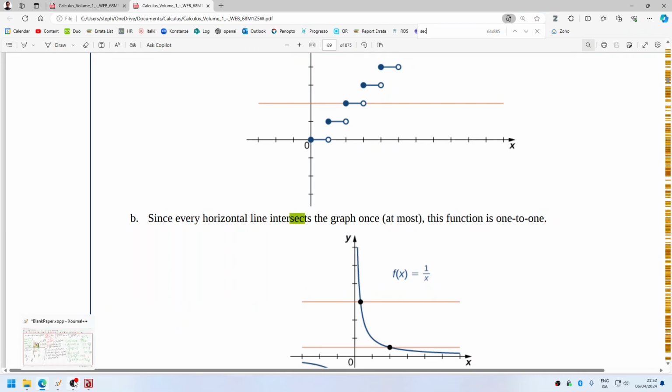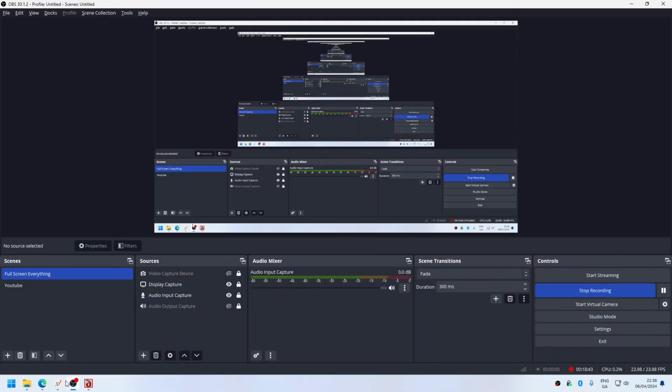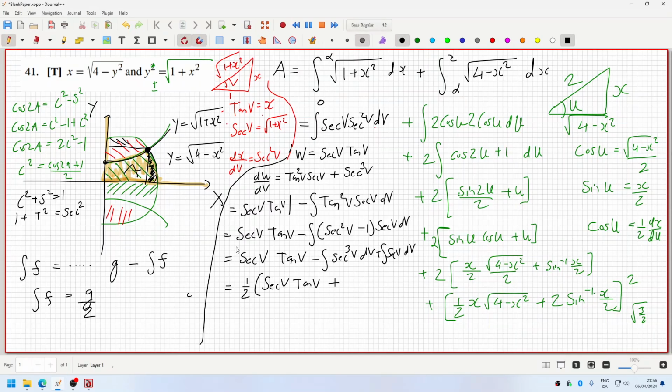I'll pause it while I find what it is. I think it's in the book. So the formula for integrating sec, and I'll have to prove it on the next page, is log sec v plus tan v. Now I have to go back to what v was.